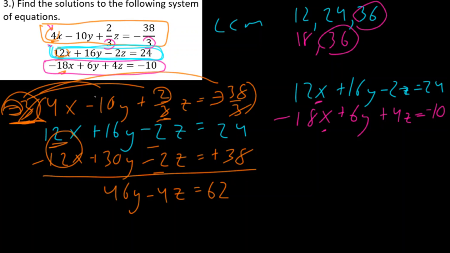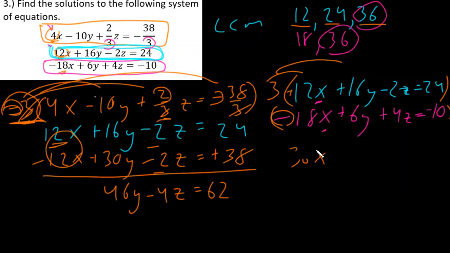So let me use orange because it's going to draw a distinction here. And since this one is positive and this one's negative, we don't have to change the sign. And here we can do 12 times 3. Remember 1, 2, 3 to get to 36. And 3 times 12 will give me 36x. Here, let me do this in blue.